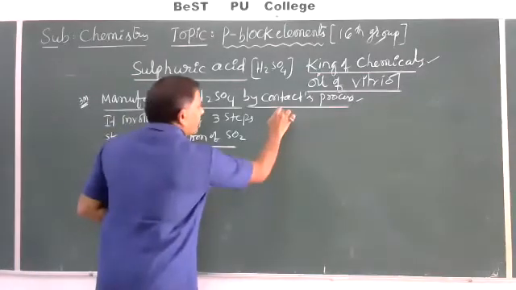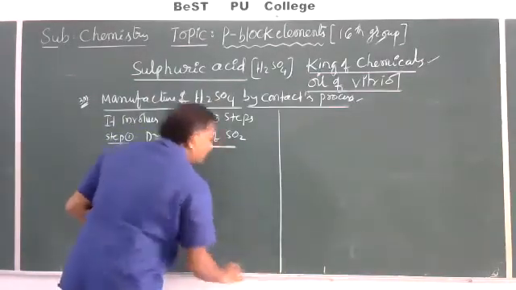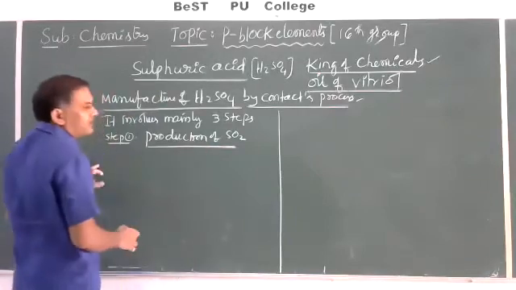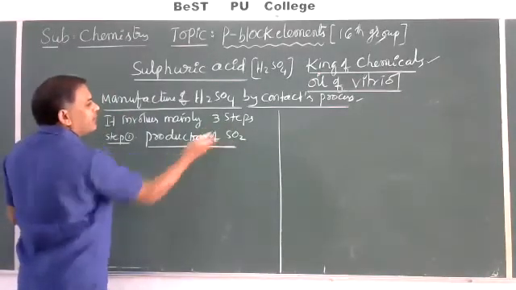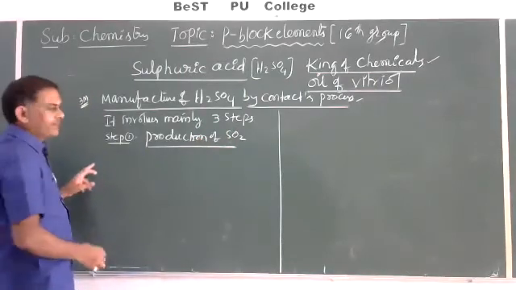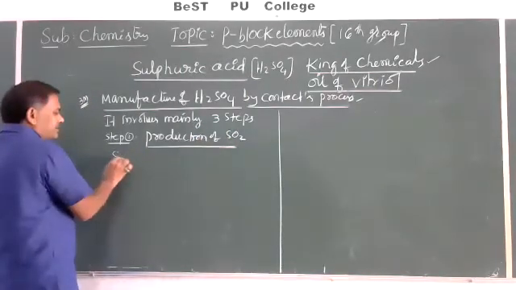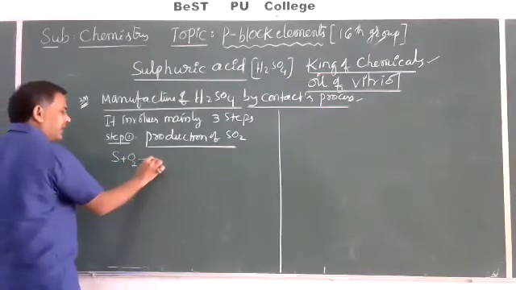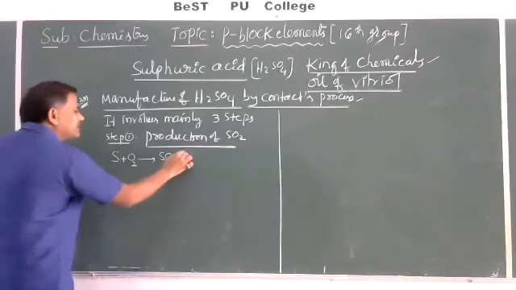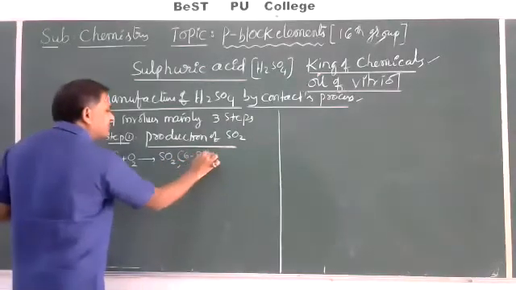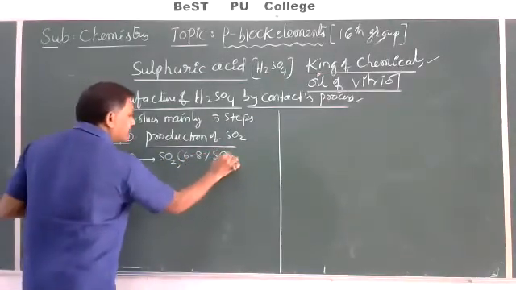After production, the obtained sulfur dioxide gas is not pure; it is impure, and it is purified by a series of chambers. The direct sulfur complete combustion gives sulfur dioxide gas. Some trace amount, 6 to 8%, of sulfur trioxide is also present.